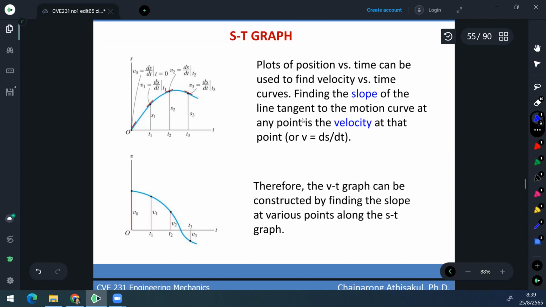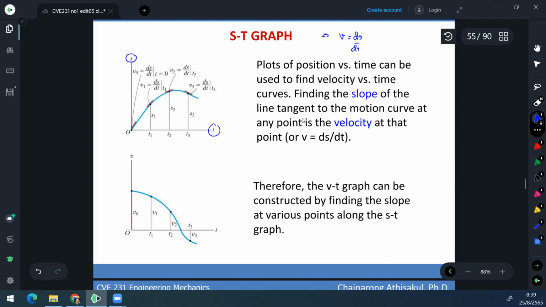Let's take a look first at the relation between position and time. This is the s-t graph. When we plot the s-t graph, the y-axis is s and the x-axis is time. If we take the first derivative, as we know from the kinematic equation, v equal to ds by dt.